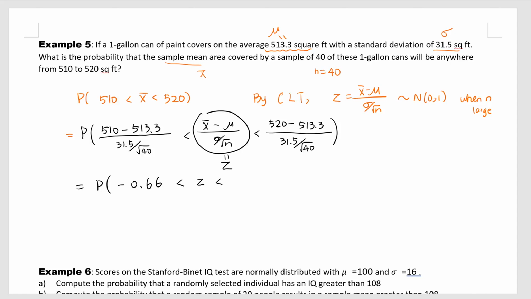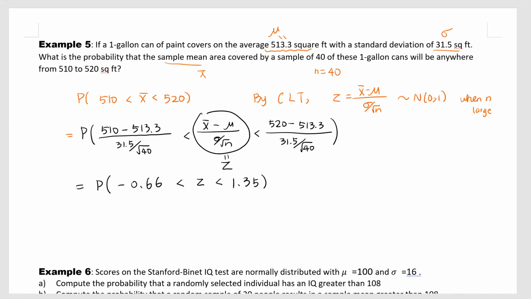For the other one, we don't need to type it again. Just go up to your previous formula in your calculator and replace 510 by 520, and I got 1.345. So we round up to 1.35.